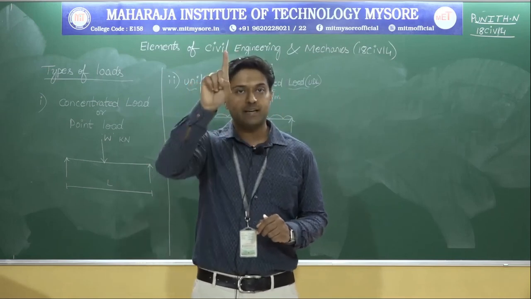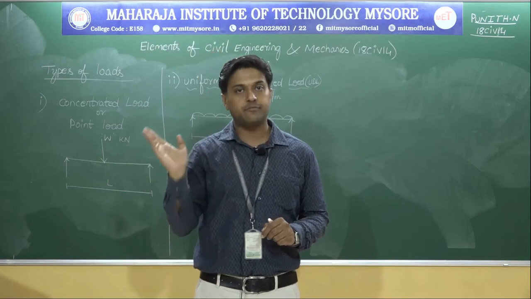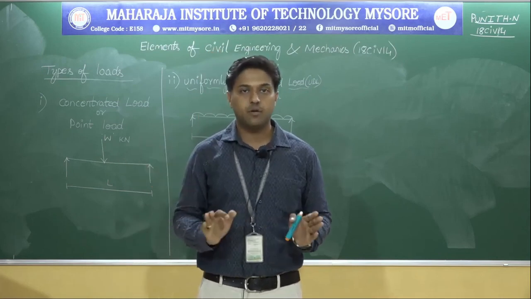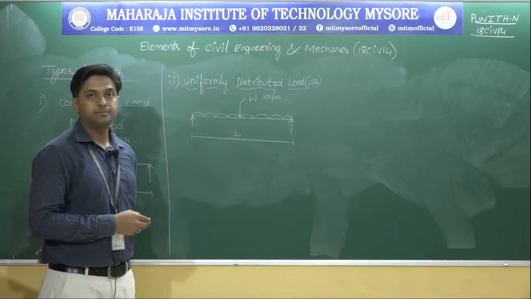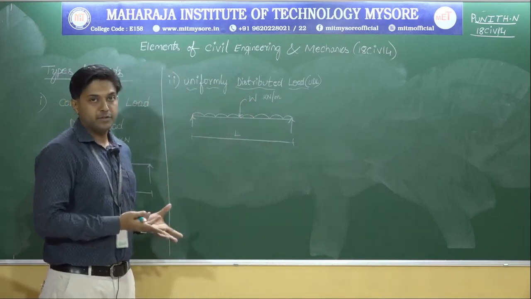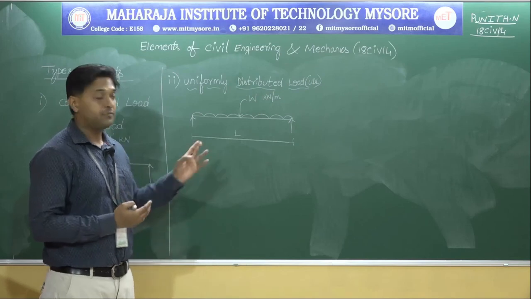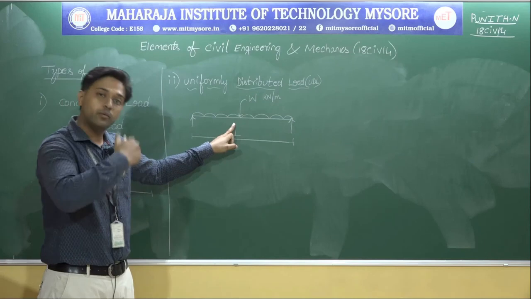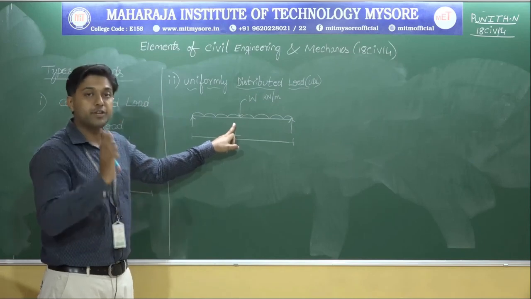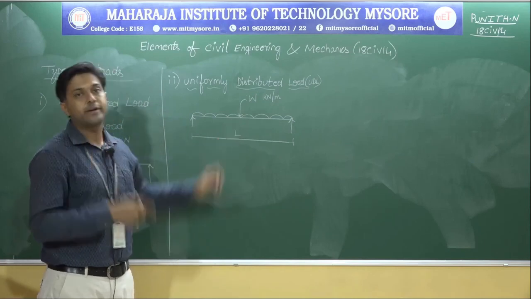But here in UDL it is not a point load. I don't know the sign convention other than for point load, so first I need to convert this UDL into point load. While solving problems also, first you need to convert the UDL to point load.